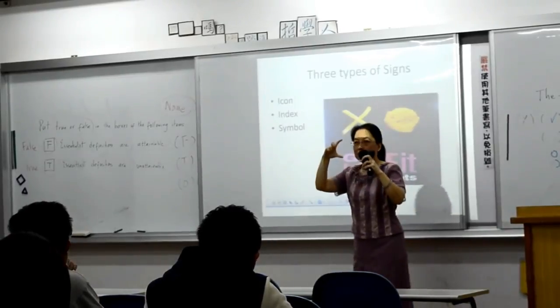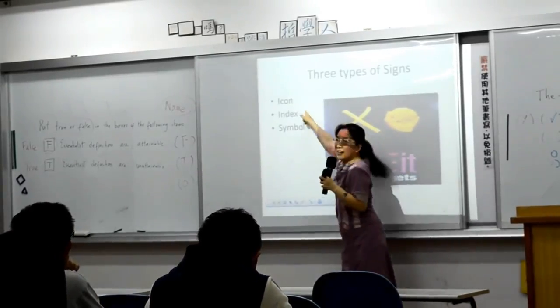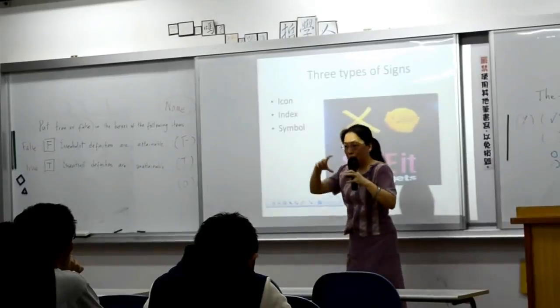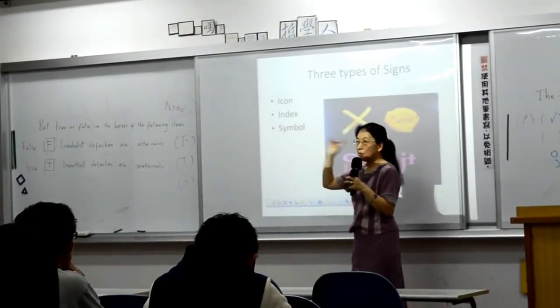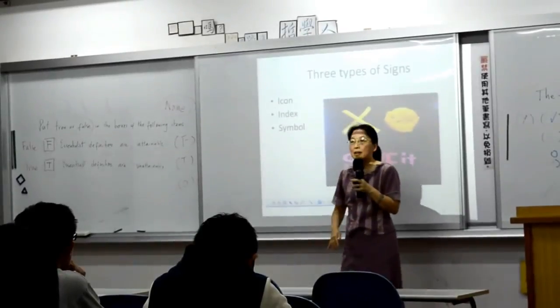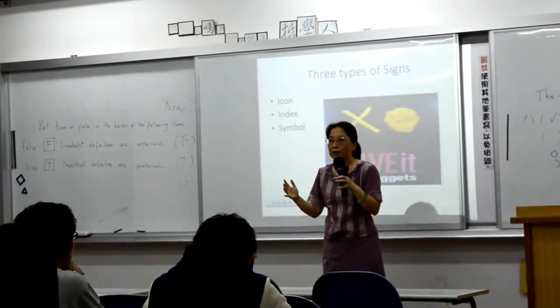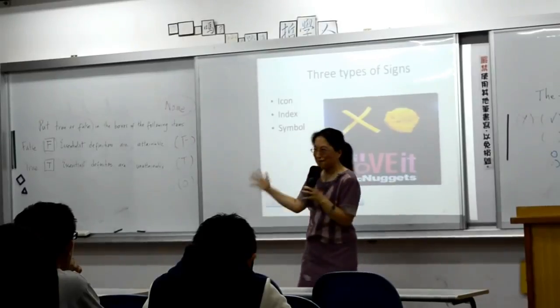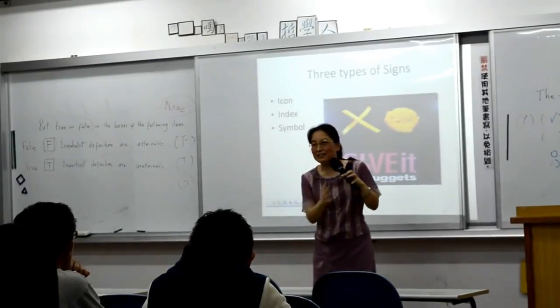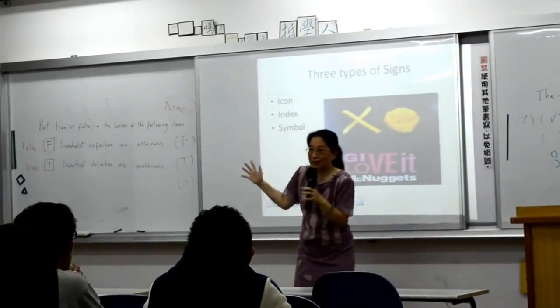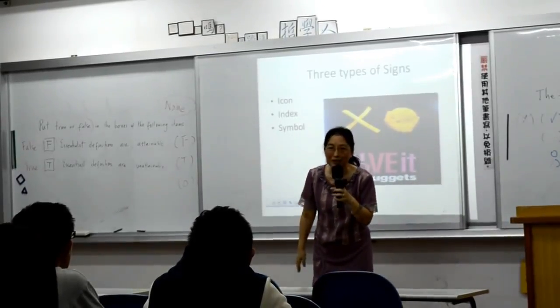I just say Joe's picture is an icon of Joe, or a painting of Joe is an icon of Joe, but smoke is an index of fire. Now, suppose now the ground is shaking. What does that index? The ground is shaking. Earthquake.